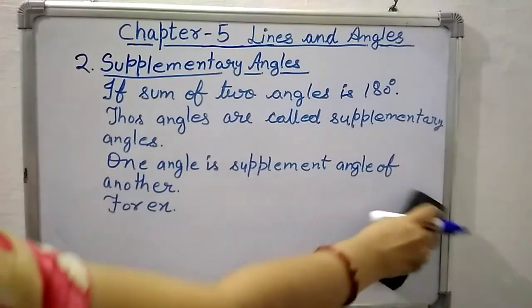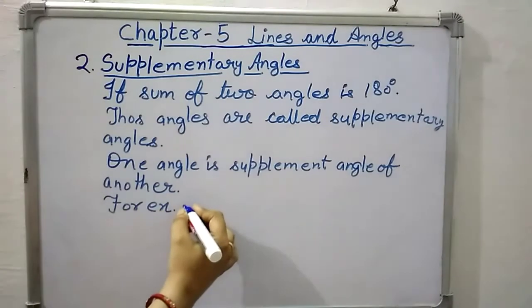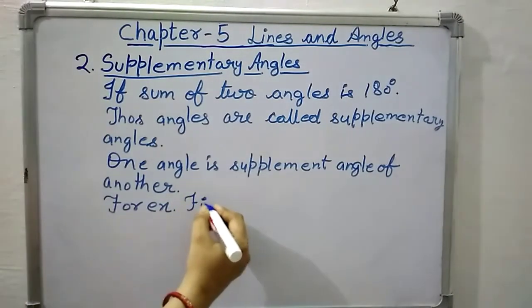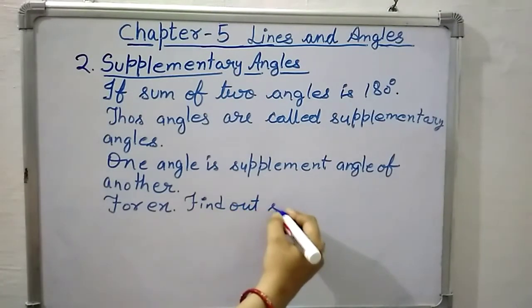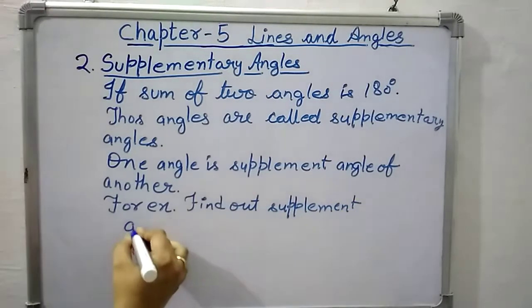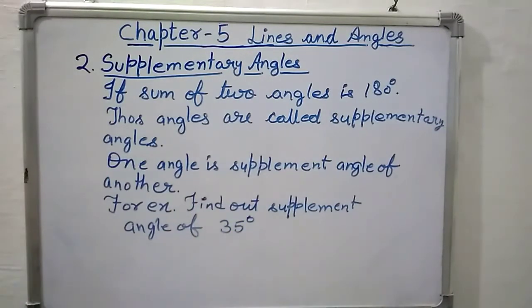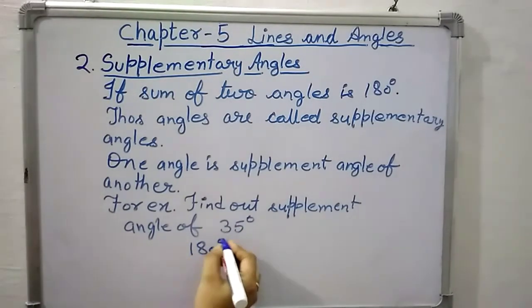And if we need to find out supplement angle of any given angle, so how will we calculate? For example, find out supplement angle of 35 degree. So for calculating supplement angle of 35 degree, we will subtract this 35 degree from 180 degree.